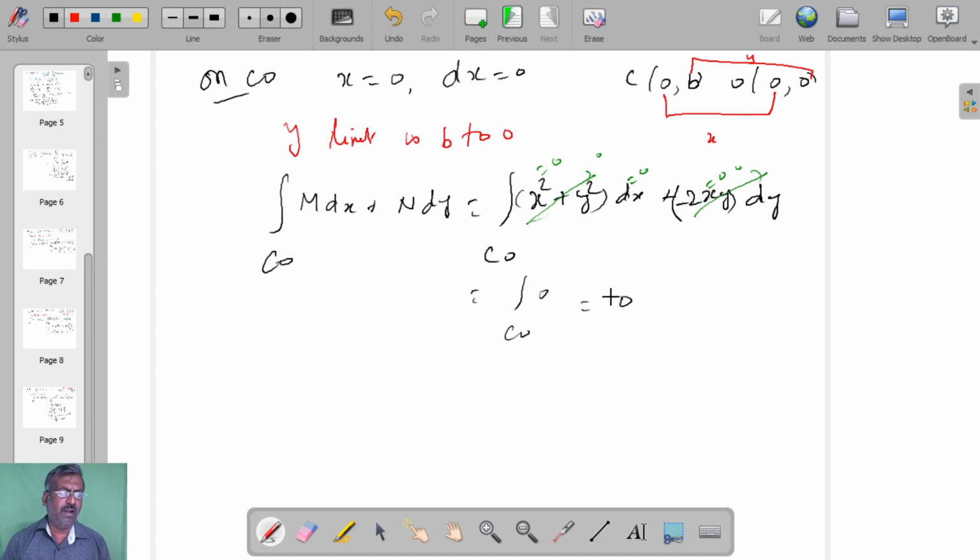So now we have found the integral for all four lines.